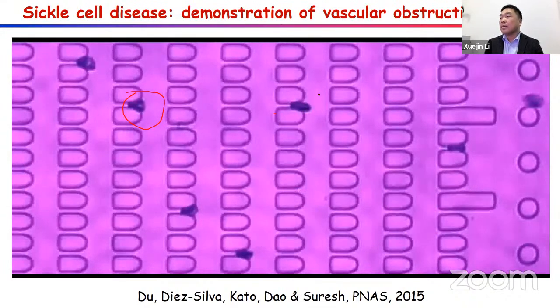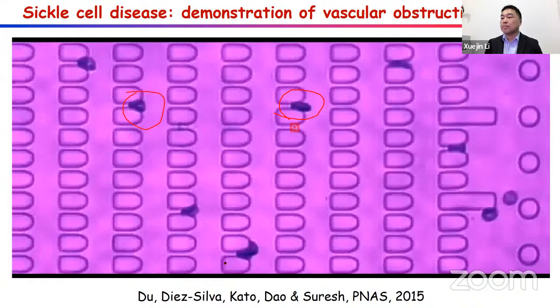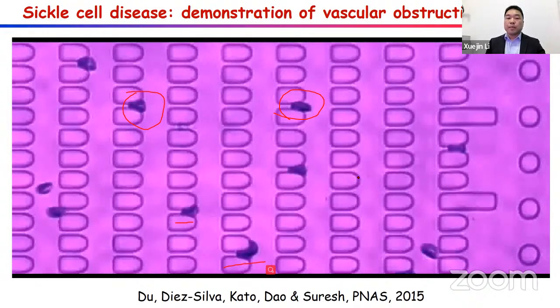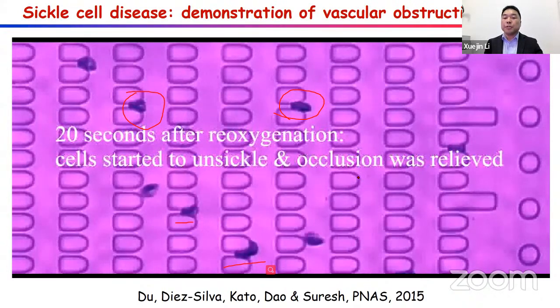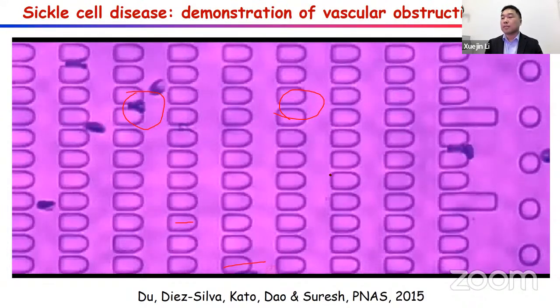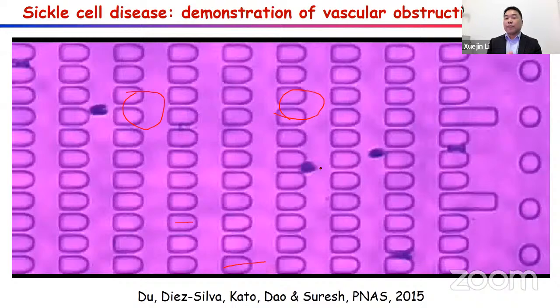You can see more cells get trapped at the microgate, like this one and also this one. And once oxygen is reintroduced, the unsickling process occurs and cells can flow in normal conditions, right? And this trapped cell can pass through the microgate once again.